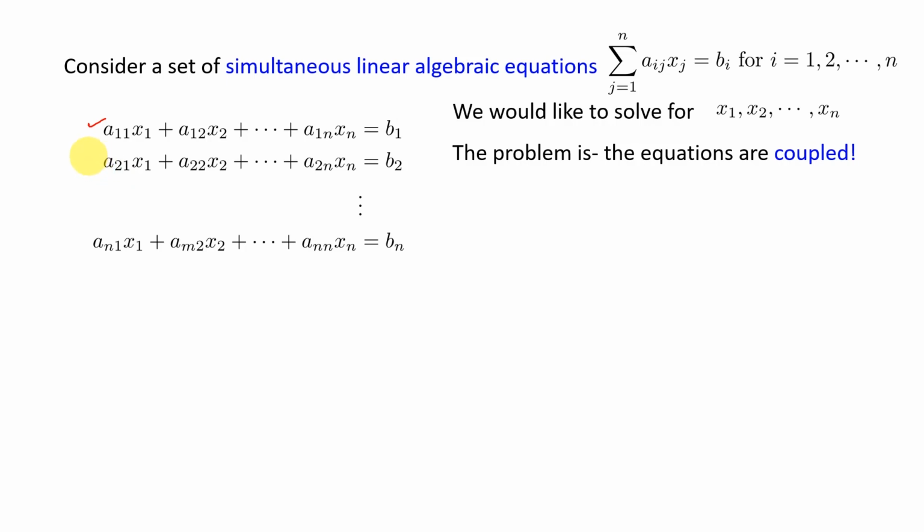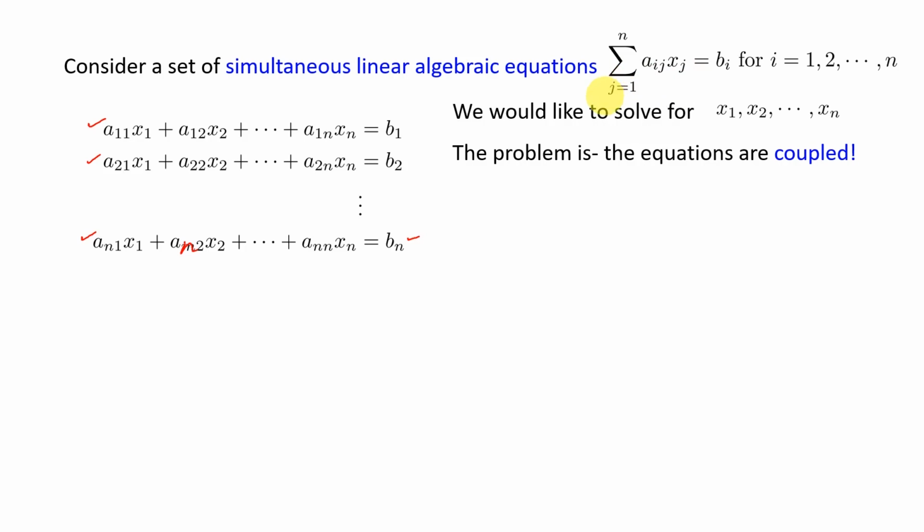Similarly, the second equation is a21x1 plus a22x2 plus all the way up to a2n xn equals b2. And similarly, we can go on up to n equations, where we have an1x1 plus an2x2 up to ann xn equals bn.